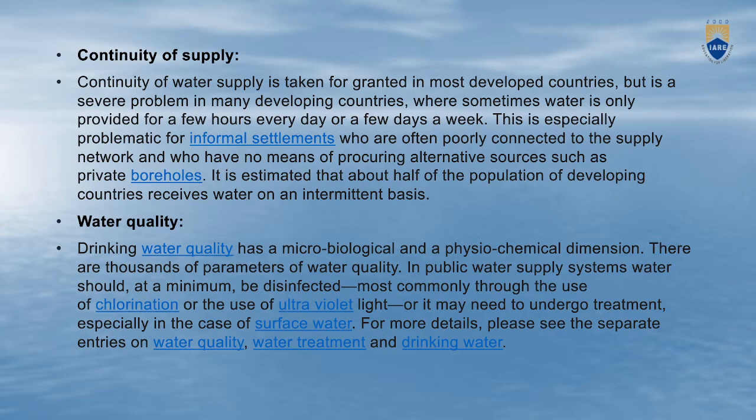This is especially problematic for informal settlements who are often poorly connected to the supply network and who have no means of procuring alternative sources such as private boreholes. It is estimated that about half of the population of developing countries receive water on an intermittent basis.